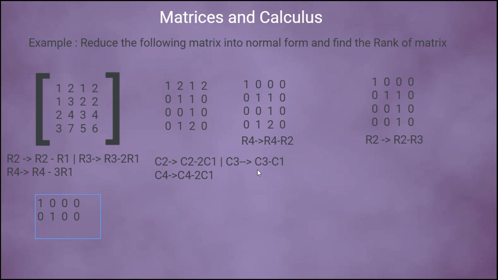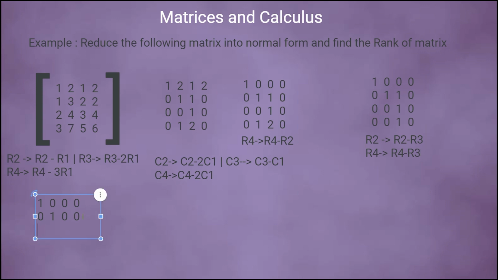And we can perform another operation so that we can eliminate this one also, like R4 equals R4 minus R3, 1 minus 1, it will become 0. I'll also write the same operation over here. R4 implies R4 minus R3.